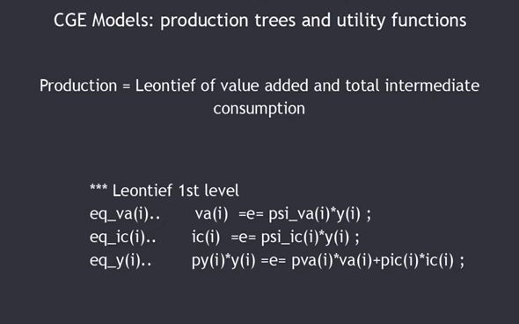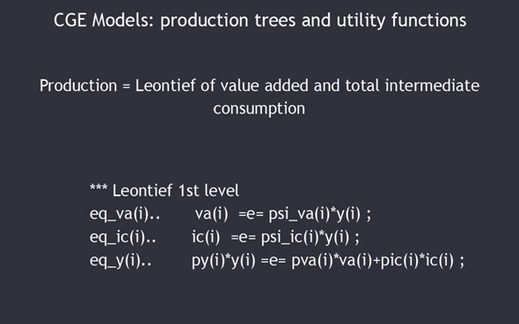Two equations of demand in volume of value-added and total intermediate consumption. A first one, which is VA in sector I, is equal to a parameter denoted psi_VA in sector I times Y in sector I, and IC in sector I must be equal to a parameter denoted psi_IC in sector I multiplied by Y in sector I.